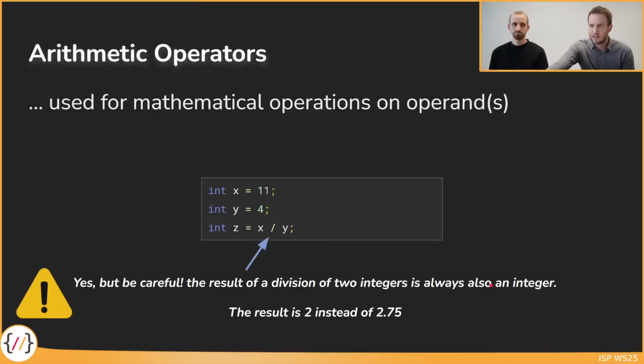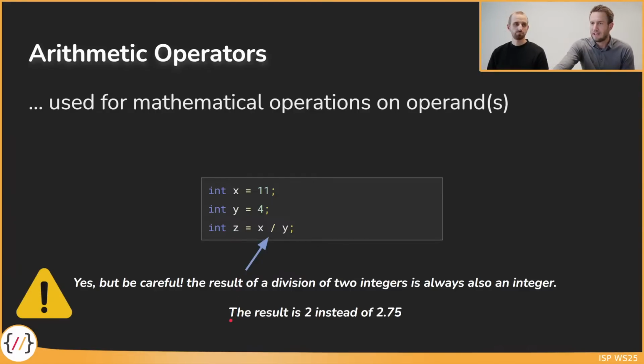The result is not mathematically rounded. Mathematically it would be 2.75, but it is an integer, meaning that the decimal places are cut off. So the result for this operation is 2. After this statement, the variable set has the value 2.